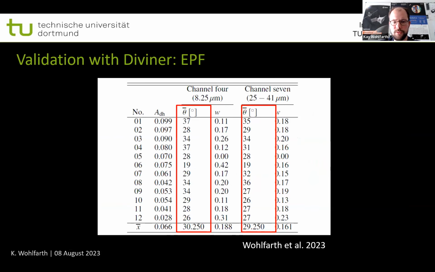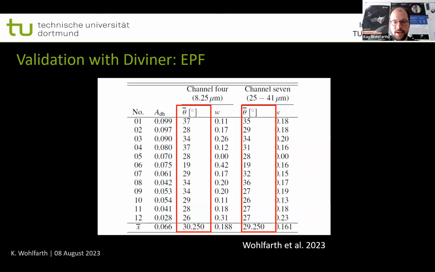I ran this for all EPF maneuvers in the Bandfield 2015 paper, and found that the roughness values between channel 4 and channel 7 are largely consistent.